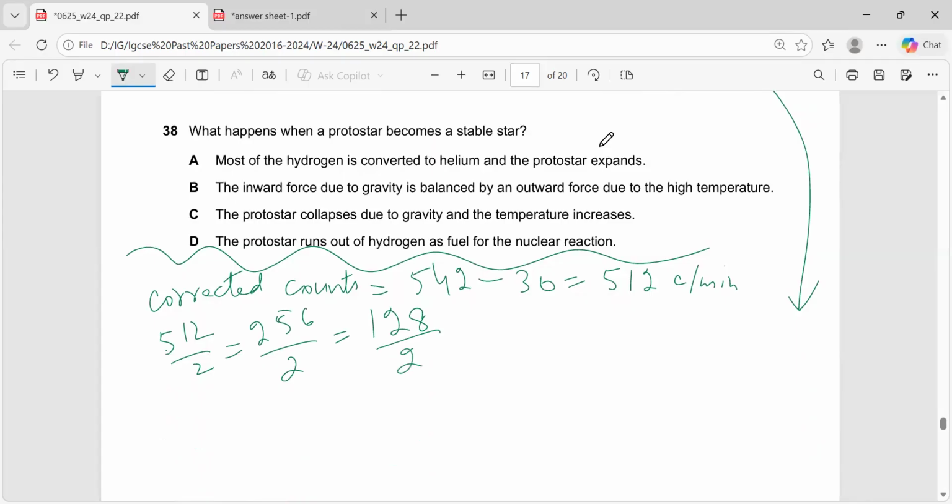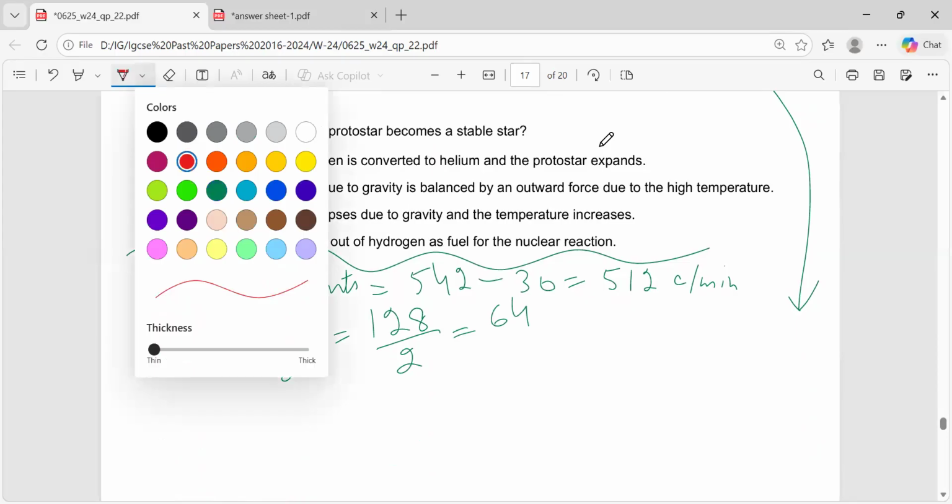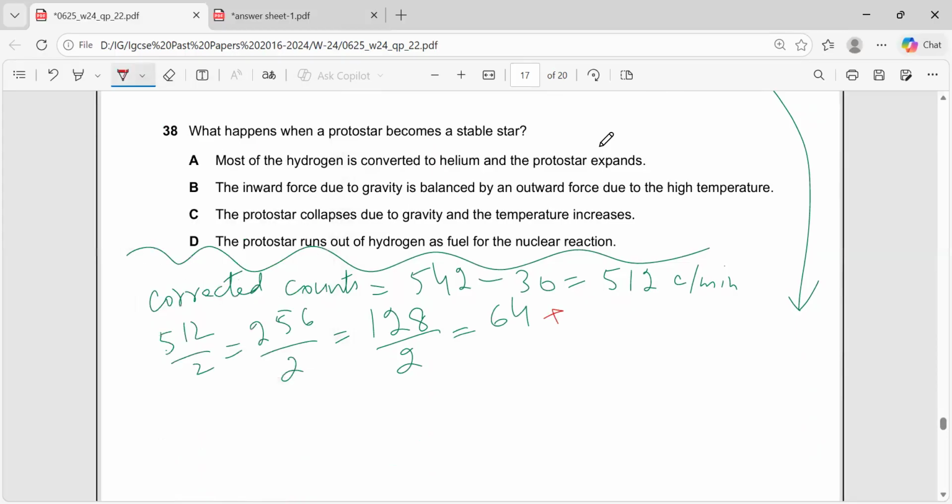Job is done. Why is the job done? First we subtracted background. Now we will add background. So 64 is the counts from the source itself, and 30 are background. It is how much? 94 counts per minute.